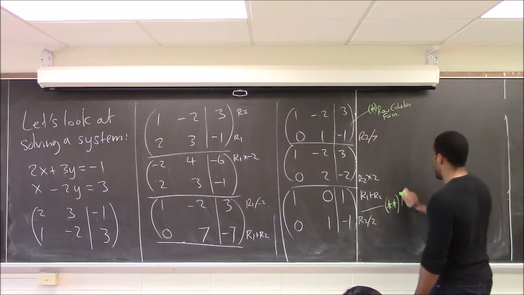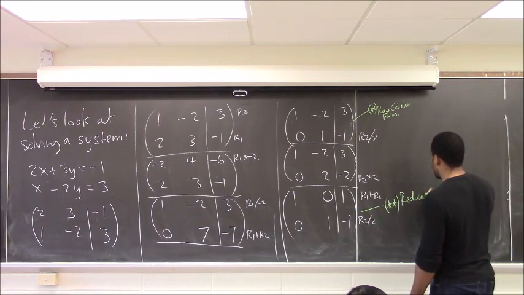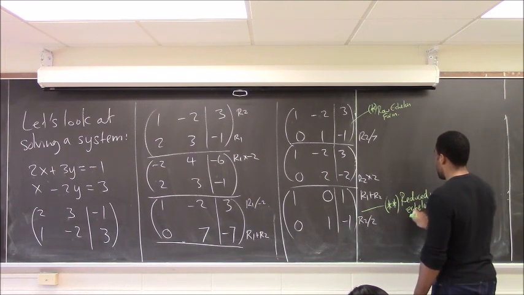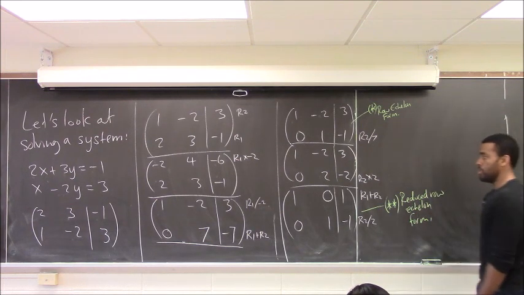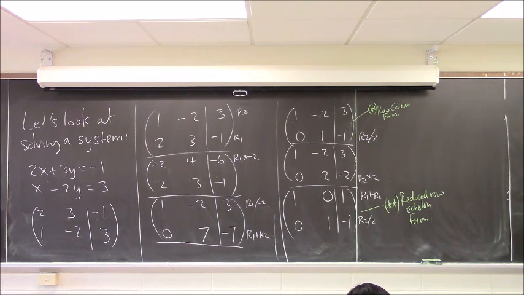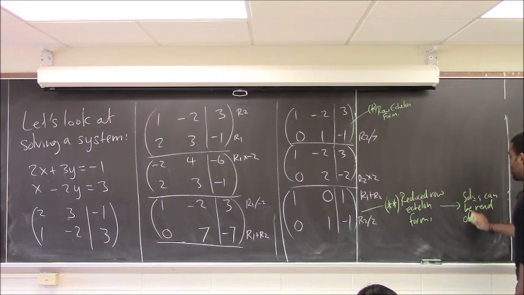This one also has a name. He's called the reduced row echelon form of the augmented matrix. Now what you notice about this form, solutions can be read off with minimal back substitution.